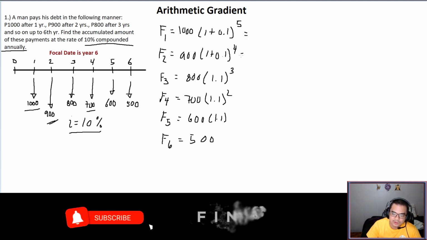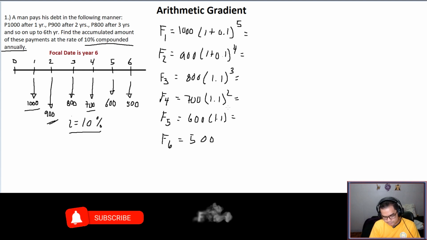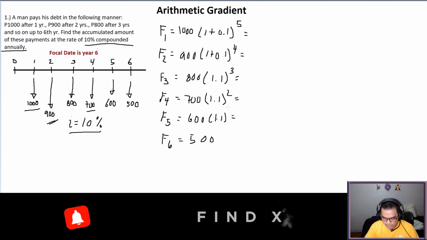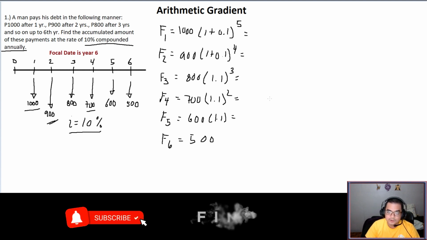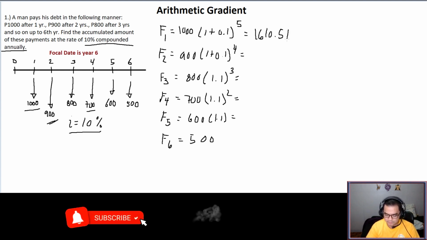Now let's compute these one by one. I suggest that you do this also with me so that you can follow what I am doing. So that's 1.1 raised to 5, which gives 1610.51. Then raised to 4, this is 1317.69.